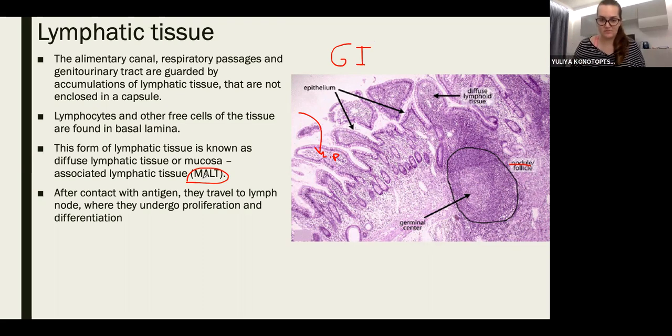For example, MALT in the bronchus will be called BALT, bronchus-associated lymphatic tissue. MALT in the skin is called SALT. In the nose, it's called NALT. So you get it, right? So a common name is MALT, but depending on the area where you're at, you change the name.